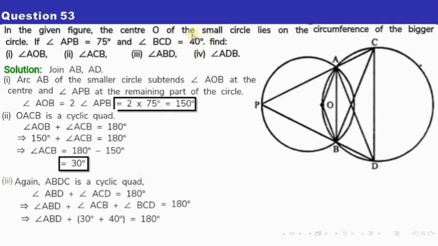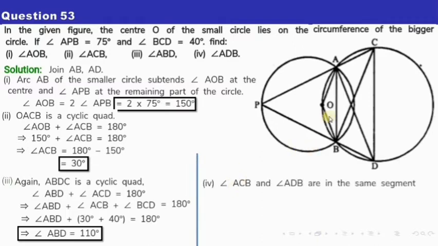So angle BCD is given as 40, so that's why ACB is 30 and BCD is 40 degree. Now from here, if you calculate, your ABD turns out to be 110. Okay, so 110 degree will be your answer for the third question. All right, now let us move on to the last part. So in the last part we need to calculate our ADB.